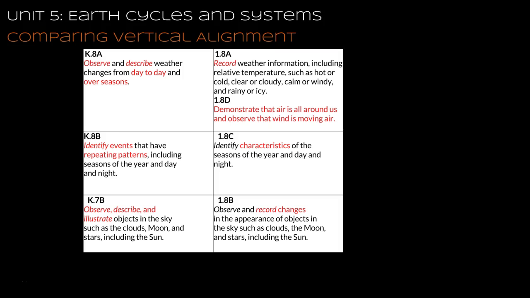So one of the things I like to do is do a comparison of the vertical alignment between kindergarten and first grade, because when you look at these standards between the two grade levels, they look very similar. So this is something I like for us to do when we have some upcoming units. This table shows the comparison between what we do in kindergarten with our standards and then what they do next year in first grade.